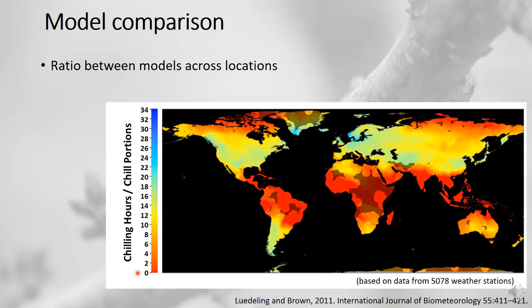In some places, in the tropics, especially the warmer climates, one chill portion actually corresponds to 0 chilling hours. Well, maybe that's not so interesting. But on the other end of the spectrum, it's a bit hard to see in this map here, we reach up to 30. We have places where one chill portion corresponds to 30 chilling hours. So this whole spectrum is observable on our planet.